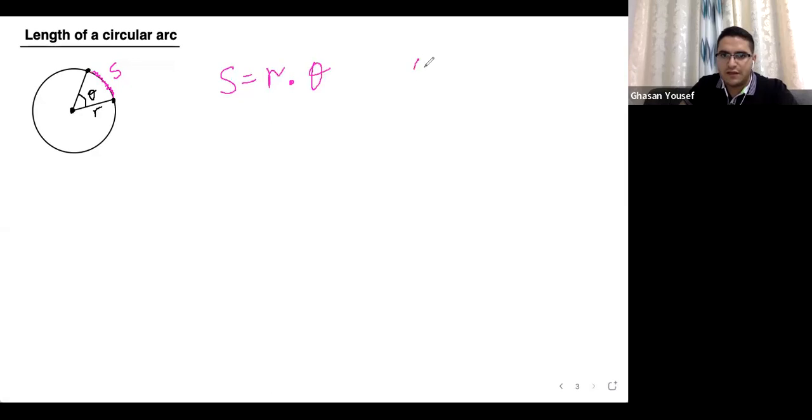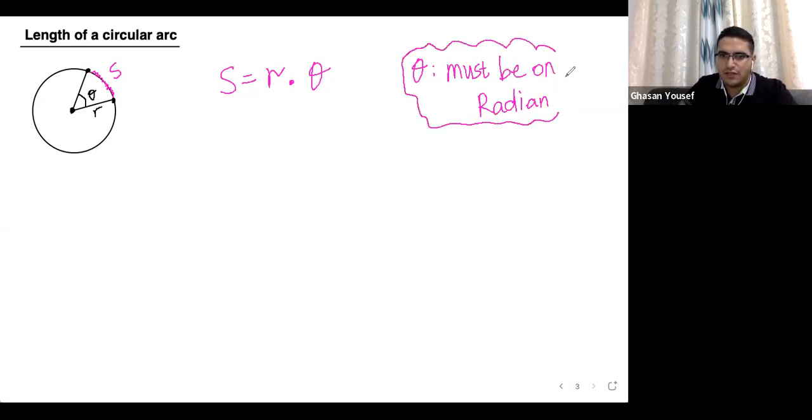Theta here must be in radian. So we cannot measure the length by using the degree. So S equals r times theta.